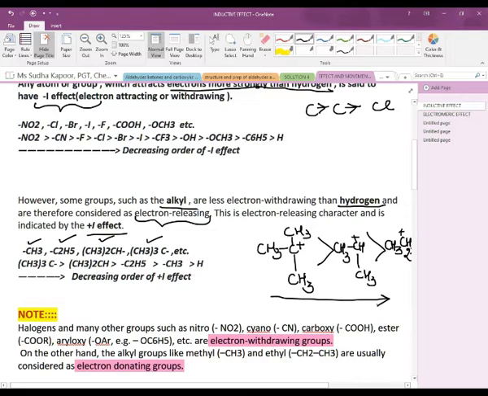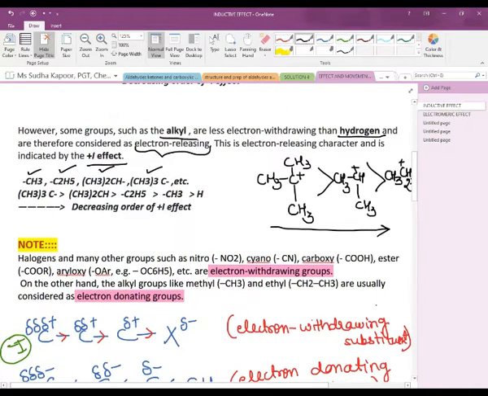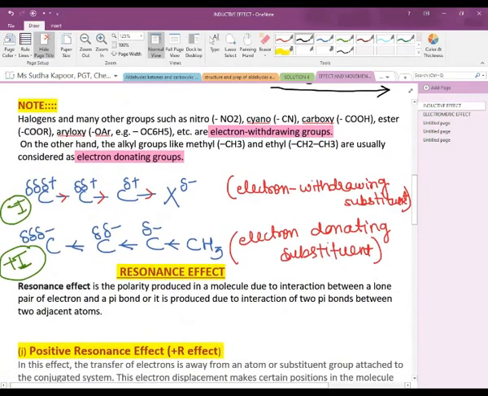Now halogens and many other groups are considered electron withdrawing groups, while methyl, ethyl, isopropyl and tert-butyl are considered electron donating groups. There is a simple representation of how the electron is pulled away by the electron withdrawing group.